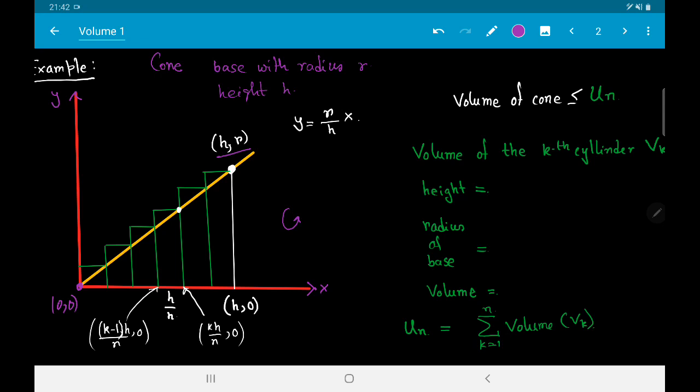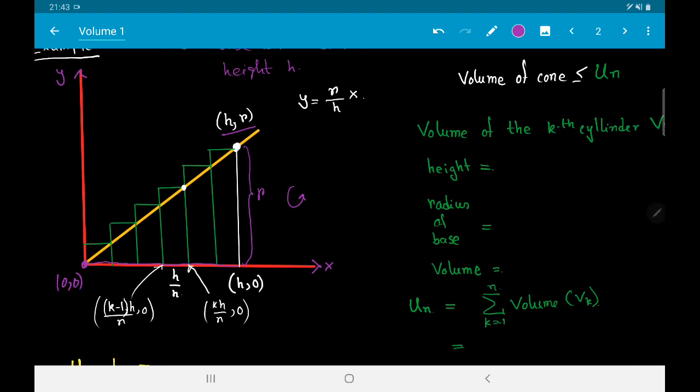And what is the height of this cone? Well, the height of the cone is exactly the length of the base of this region, which is h, and the radius of the base is equal to r.